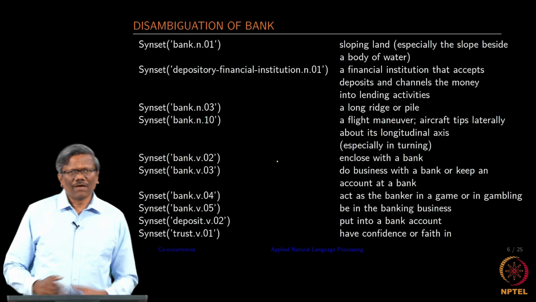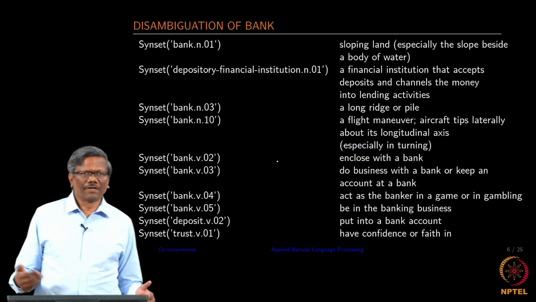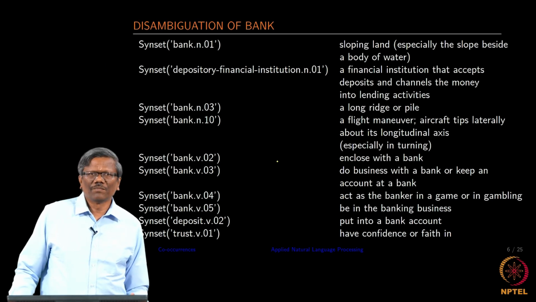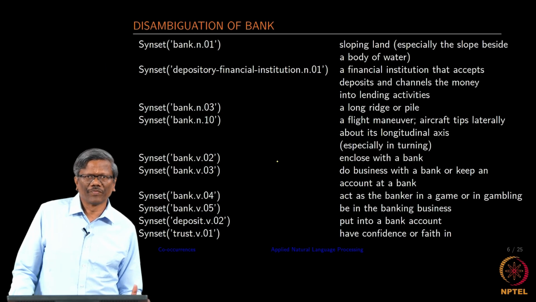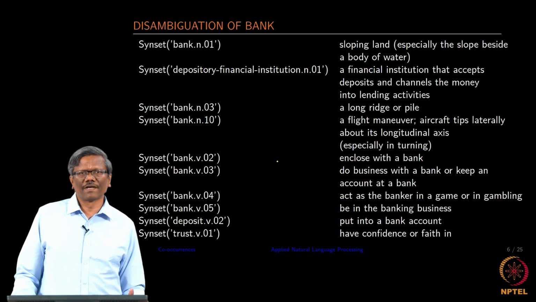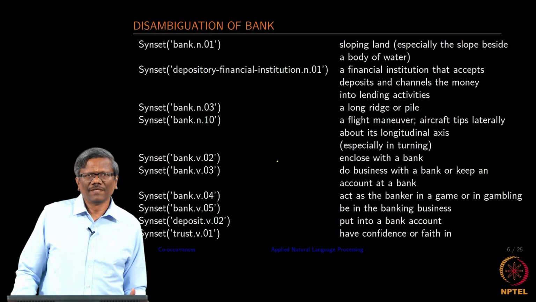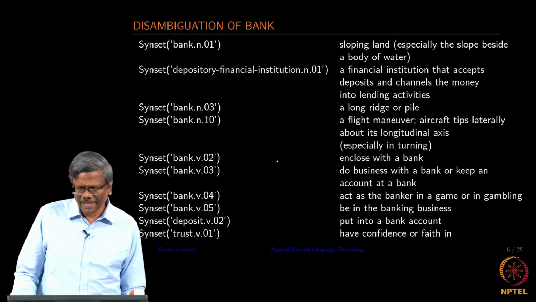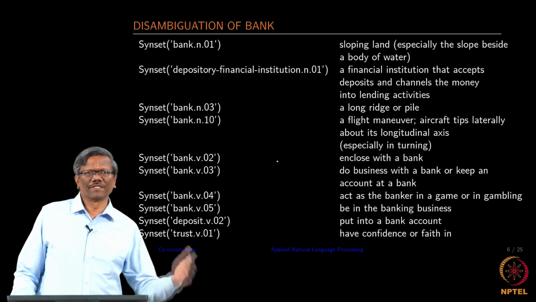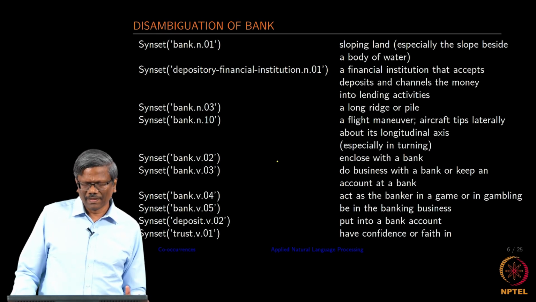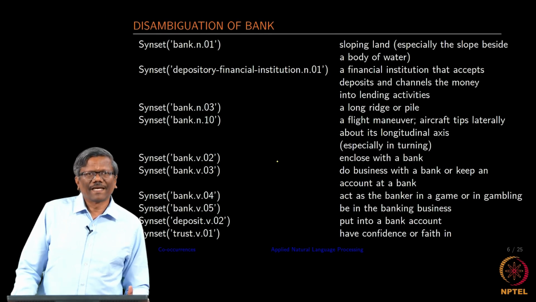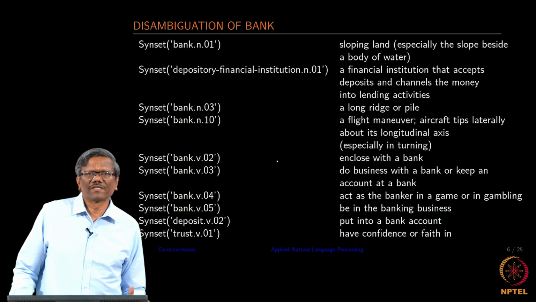Okay. So, let us now look at the word bank, right. So, bank means so many different things. If you go and look at the thesaurus, it will give you different flavors of bank. So, one would be, it is a sloping land which is by the side of the river, right. And then the second meaning could be related to the financial institution.